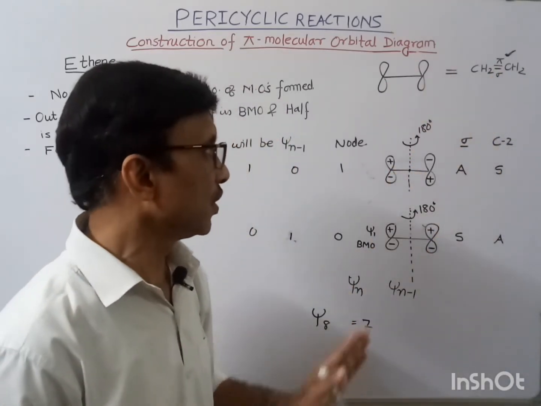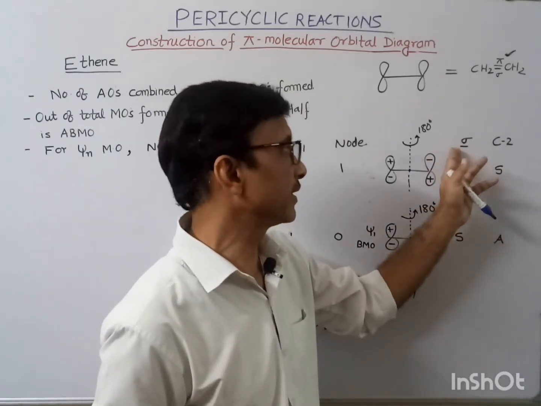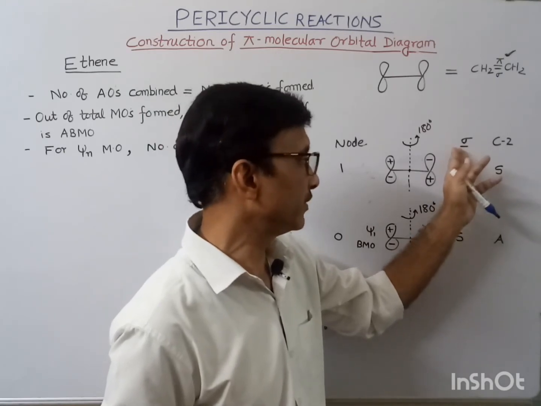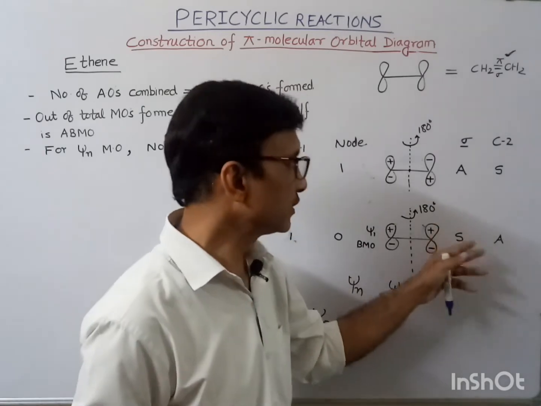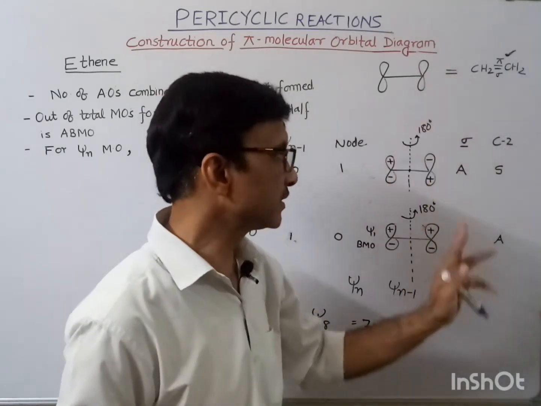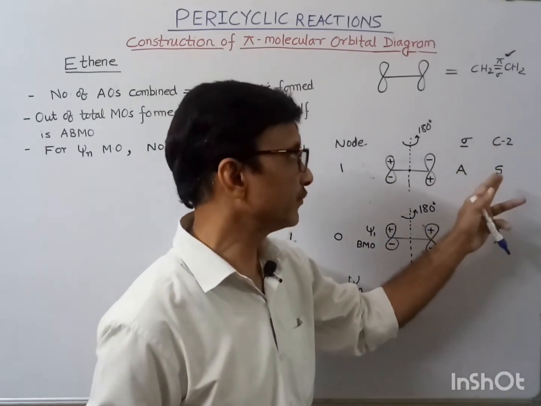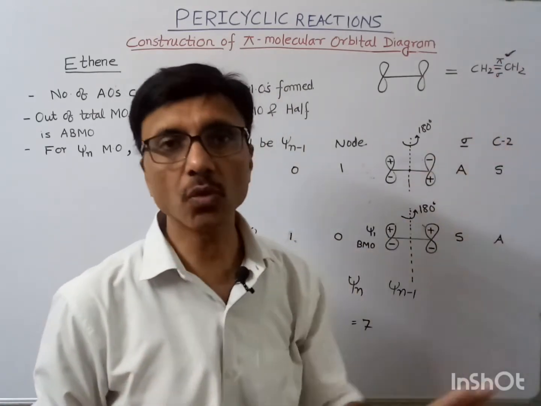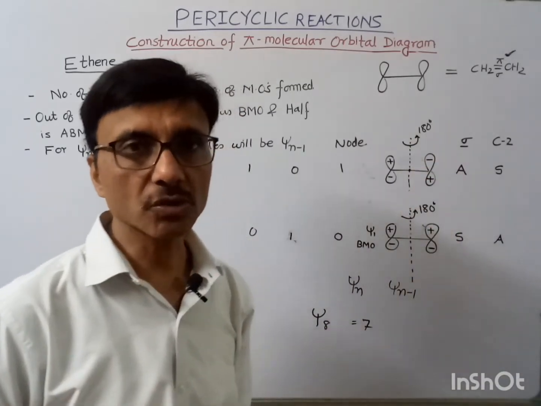So for the sigma mirror plane symmetry, start with S and then write A, then S, A and S like this. For C2 we start with A, and after that we write S and then A and then S and so on. The same thing will follow for other diagrams also.